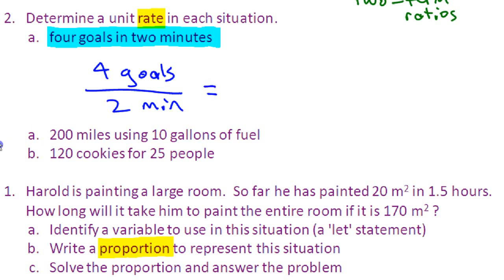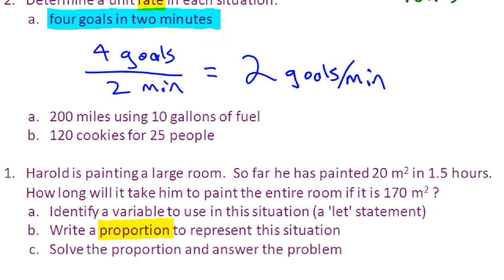If you wanted to write it as a unit rate, just divide this, and then look at what units you have. 4 divided by 2 is obviously 2, but the units are going to be goals per minute, right? Because they come from that. So 2 goals per minute. If somebody scores 4 goals in 2 minutes, they're scoring 2 goals per minute. That's pretty fast in lots of sports, I would say.